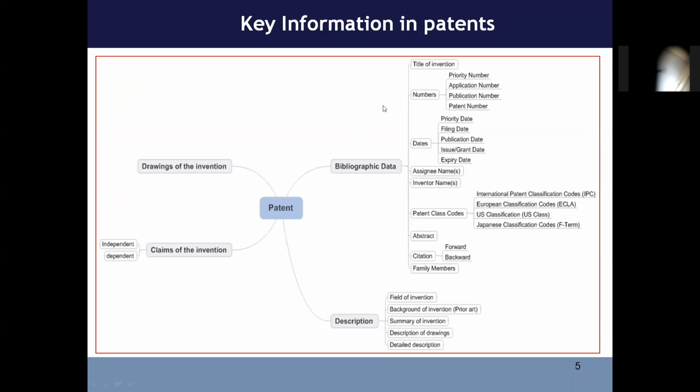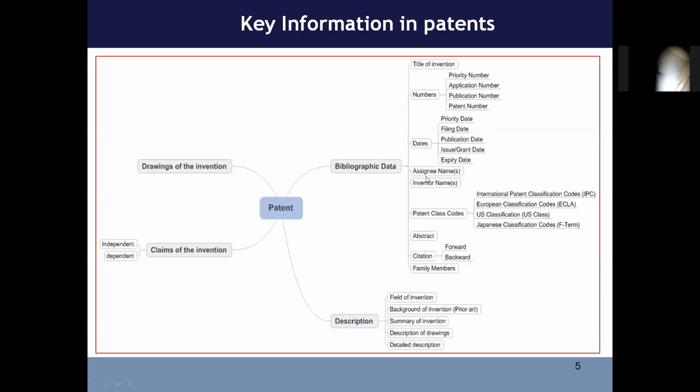In this part, you'll see the title, and there'll be some numbers: priority number, application number, publication number, patent number. Then corresponding dates for progress with respect to priority, filing, publication, issue or grant date, and you'll also notice an expiry date.